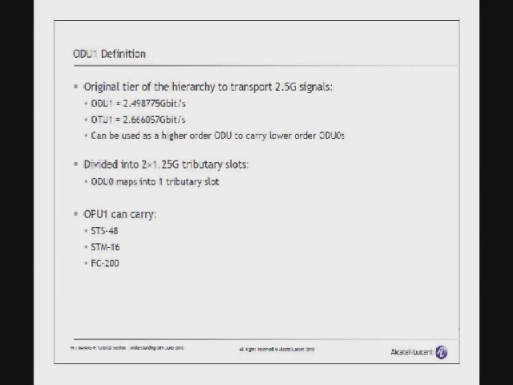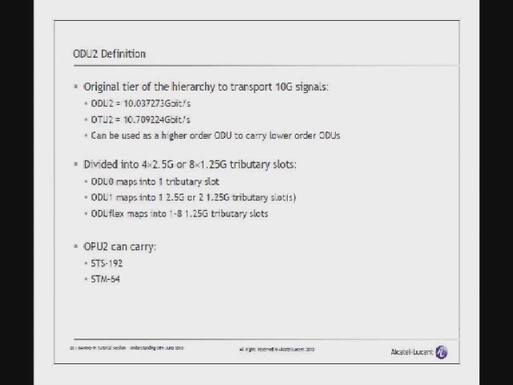And it's really driven for these types of underlying clients. ODU2 is 10 gig, so we were going from 1 gig or GigE to 2.5 to 10 gig. Same kind of arrangement. It can be subdivided or have the full bit rate.